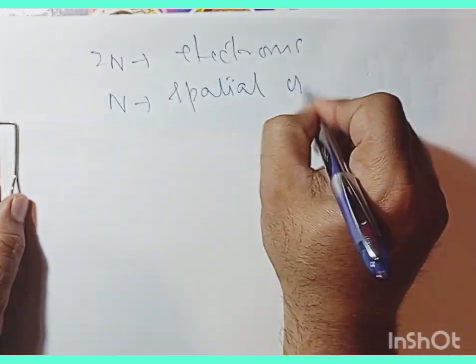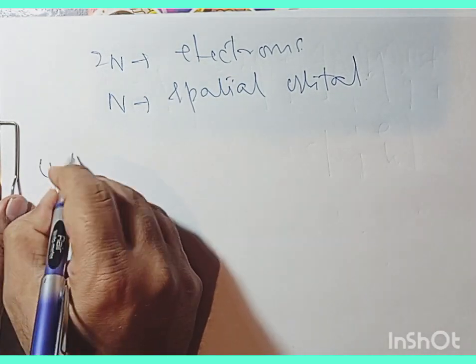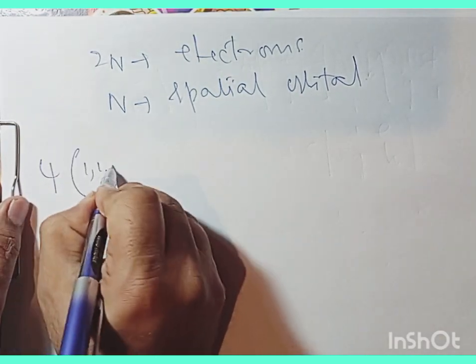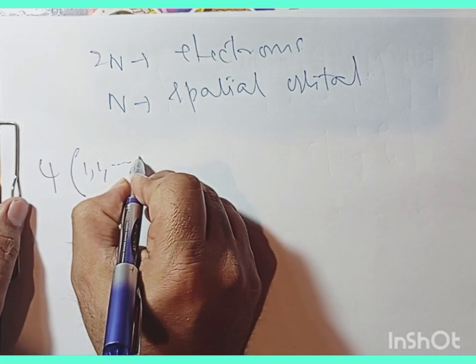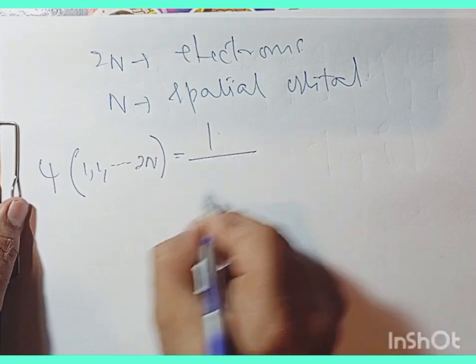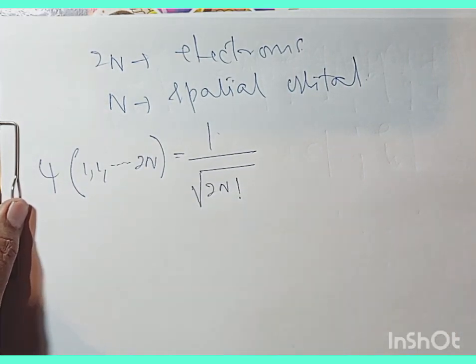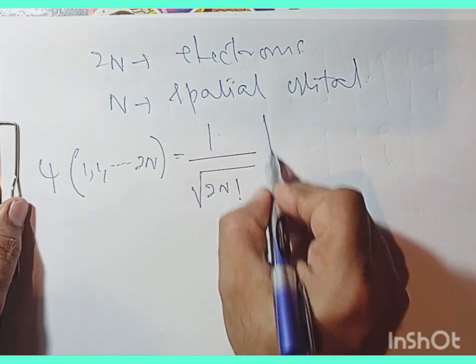To write down the wave function, say psi of 1, 2, up to 2n electrons, this gives me 1 by the square root of 2n factorial, and then I write the determinant.